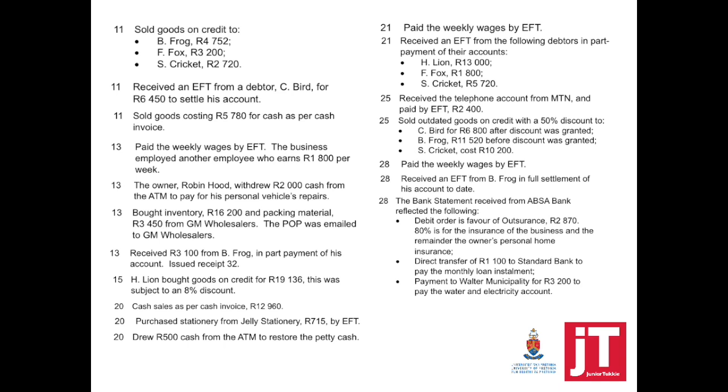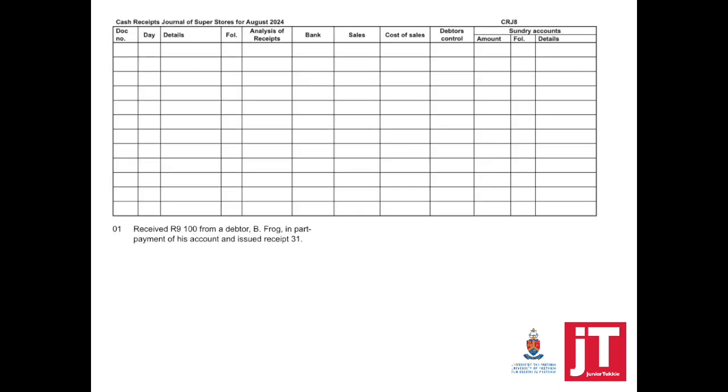This happens daily. At the end of the month, when we are done with all the transactions, then we total the journals and we post the totals to the general ledger, so that in the next step we can complete the trial balance. So we're going to start this activity by looking at all the transactions that are relevant to the cash receipts journal.